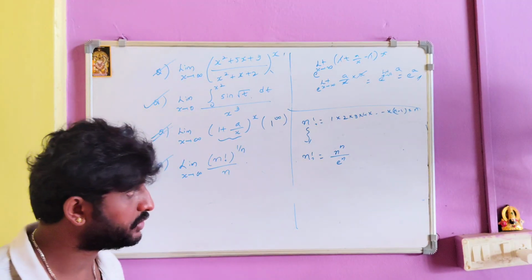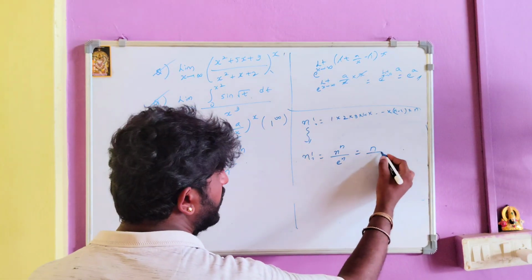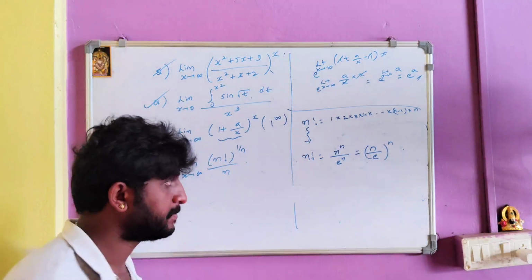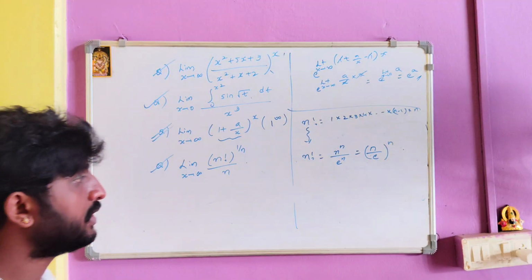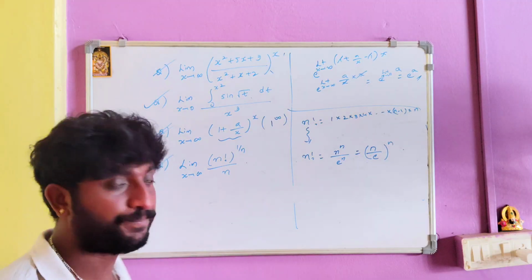This is the shortcut trick. Remember it can be written as n by e whole raised to the power of n also. You can use this directly.